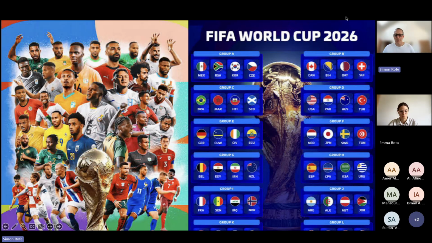We can see the respective groups that the Kingdom is in, Group H, as you well know, and Group K, which is just scrolled off the bottom, which England are in. We can see where our friends from Brazil are in Group C, the USA in Group D, etc., etc.